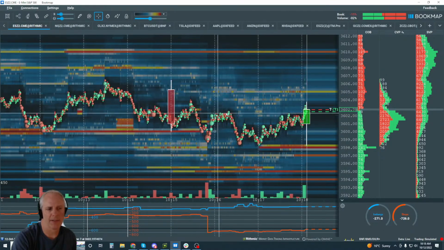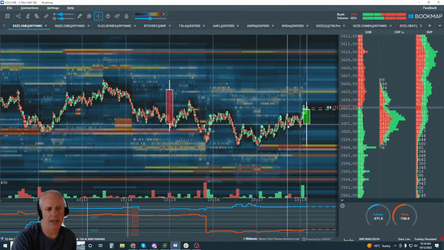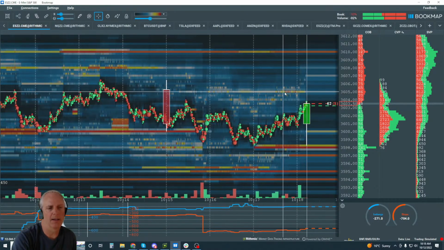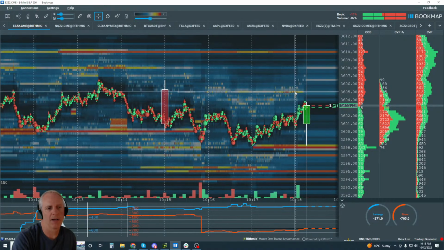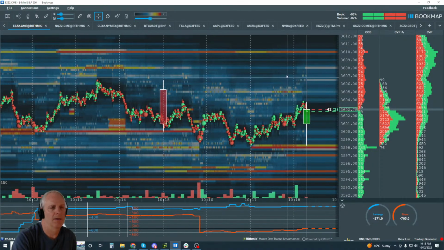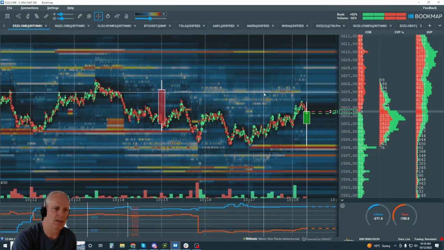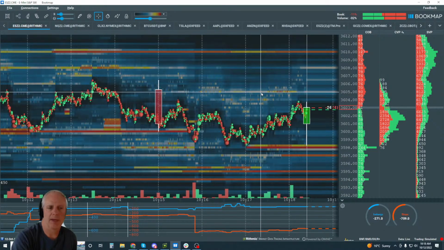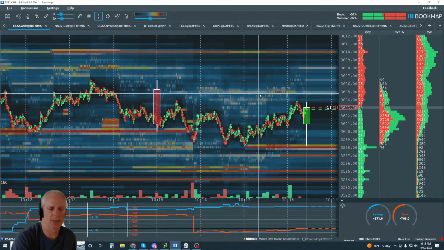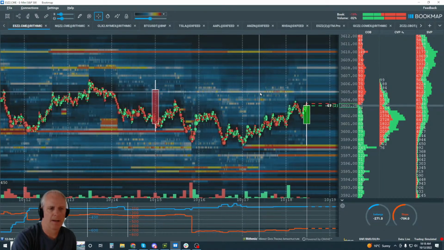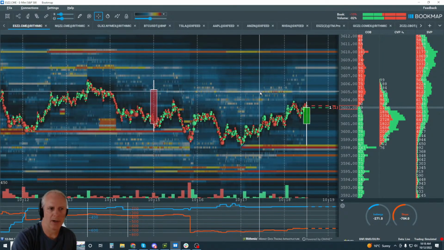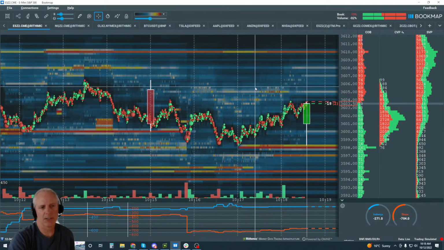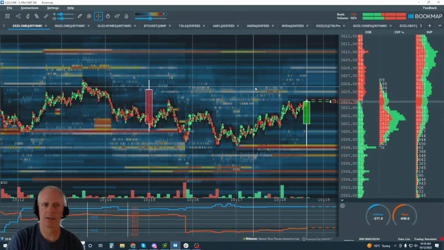If this, if this, if this, then likely this, and then likely a move higher, or into this liquidity here. But it's a game of probability. With a singular if-then statement, you're looking for like 100% likelihood, right? The market doesn't really work like that. It's probabilities.